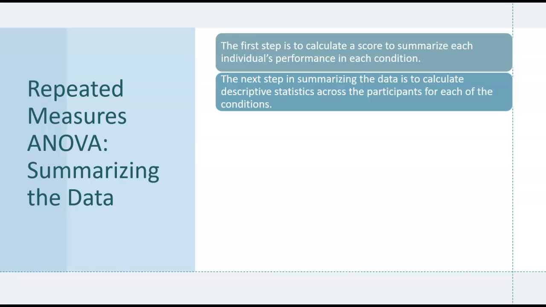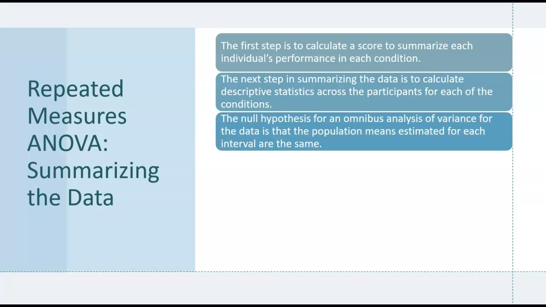So every individual has a score at time 1, a score at time 2, a score at time 3, for example. And you'll end up calculating a mean for all of your participants at time 1, a mean at time 2, a mean at time 3. The null for the omnibus test is that the population means at each time period or each interval are the same.